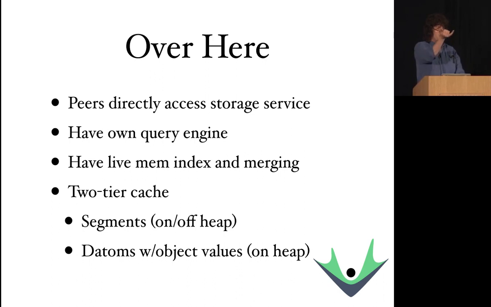And only in a higher level of the cache do we turn them into thousands of objects. So there's a level that's thousands of objects or millions of objects, and then a level which is compressed, indexed, not yet expanded. And it's faster to just expand them than to go across the network to recover them. So you have these two tiers. One's on heap and one is potentially off, but at least it's not high pressure.